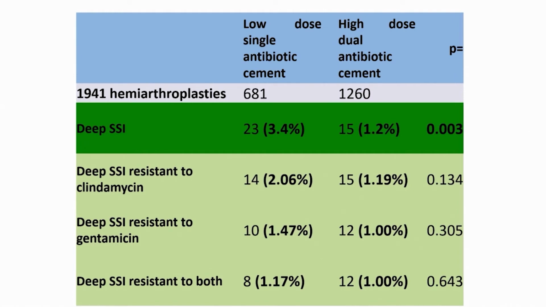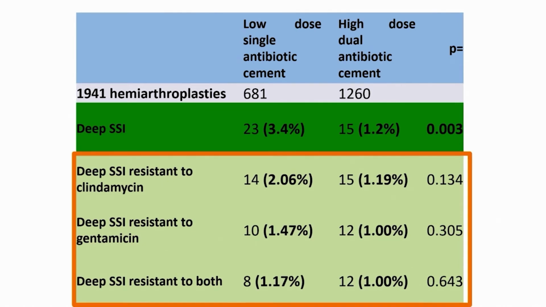The risk of having an infection resistant to clindamycin was significantly the same, I should say, but certainly not higher. And again, comforting results in terms of resistance to gentamicin and resistance to both, which is slightly obscured there. Very reassuring that we're not breeding resistant bugs by using high-dose dual antibiotic cement.